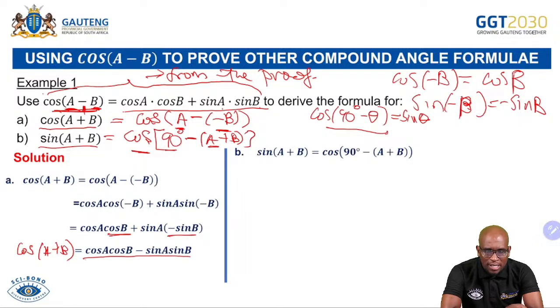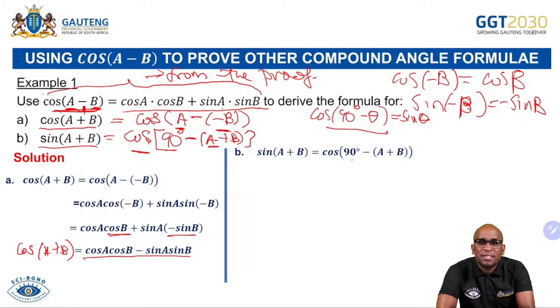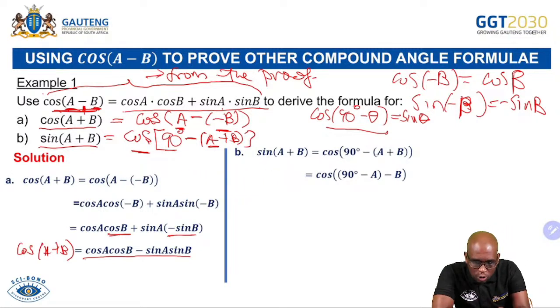First step, obviously, I have already taken you through that. We are writing the sine as the cosine of 90 minus A plus B. Now we are going to distribute the negative there.